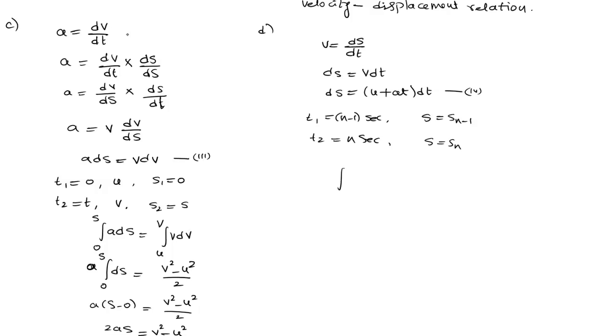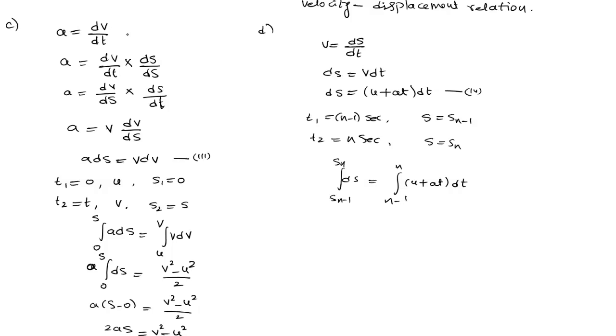Therefore, integral from s(n minus 1) to s(n) of ds is equal to integral from n minus 1 to n of (u plus at) into dt.